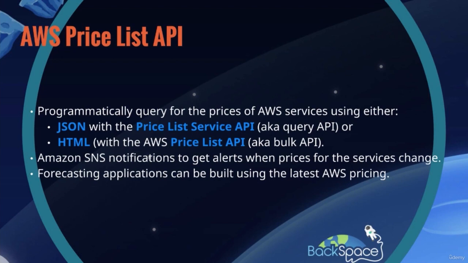It can also enable SNS notifications so that your application can get alerts when prices for services change. This allows you to create powerful forecasting applications built around the latest AWS services and resources that are available based upon the latest AWS pricing.